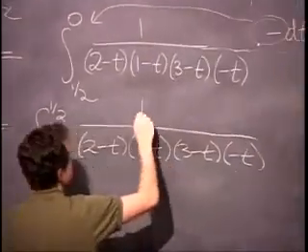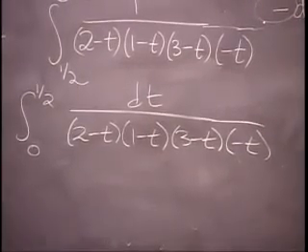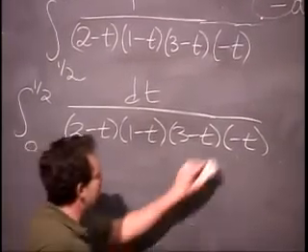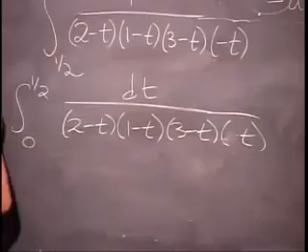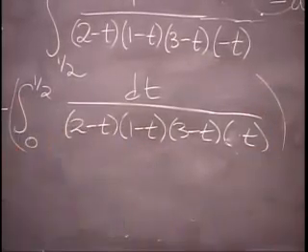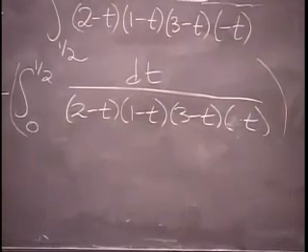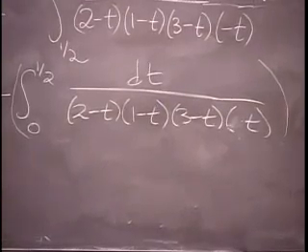It's a bit unfortunate that this quantity happens to be negative on the bottom, but never mind. In fact, I will pull the minus out the front so that everything is positive. When t is between 0 and a half, all four of those factors are positive. Okay, so what happens?